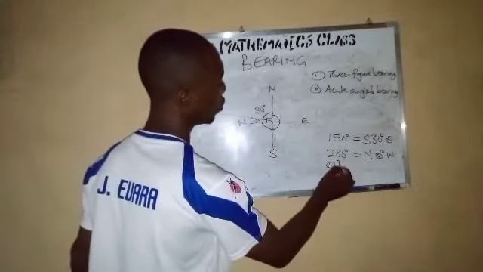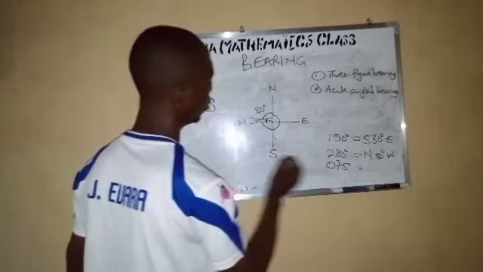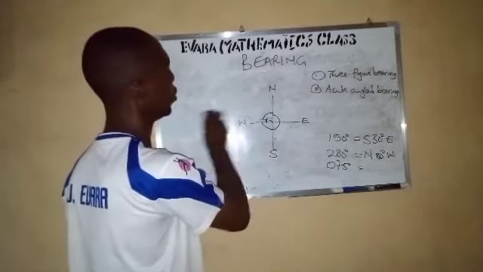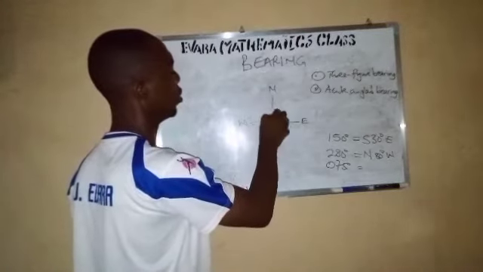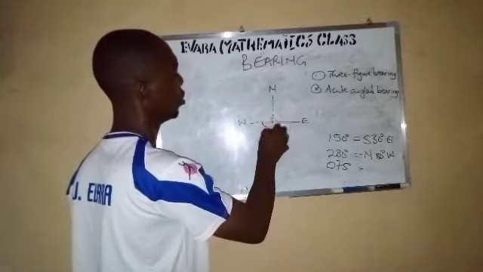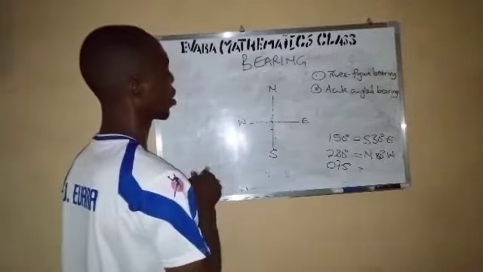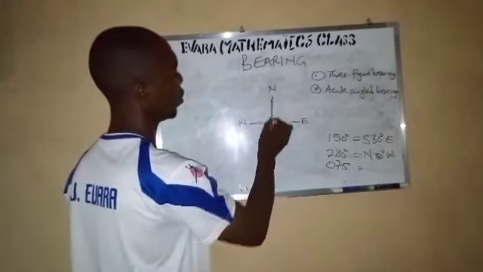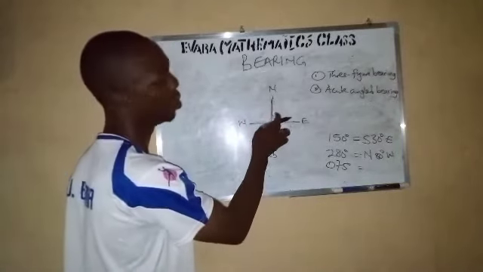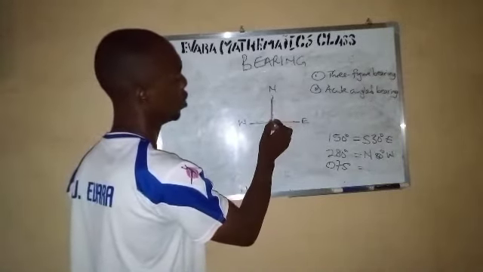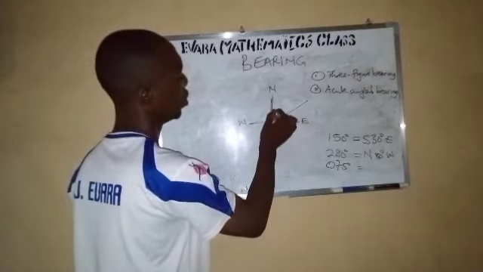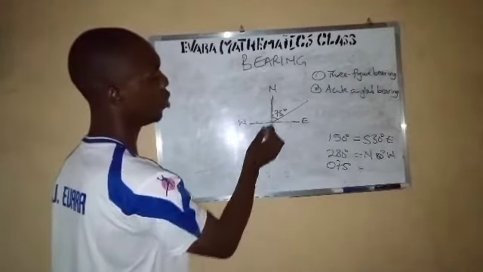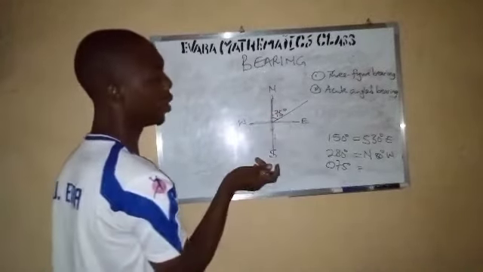If you have 075 degrees, we want to convert it to an acute-angled bearing. This 075, you can see that it will still fall in between this northeast. Since the whole of this place is 90 degrees, definitely 75 degrees cannot go beyond 90.